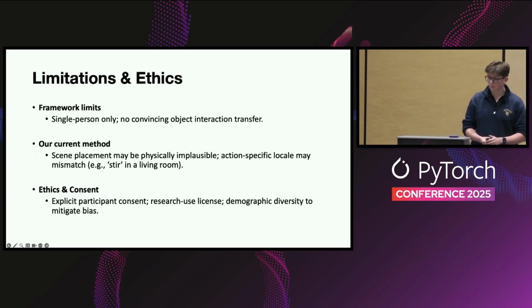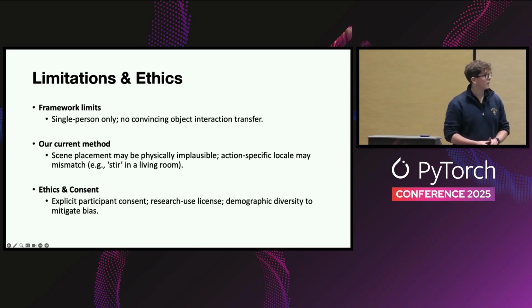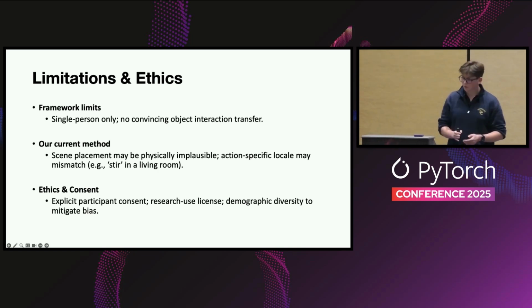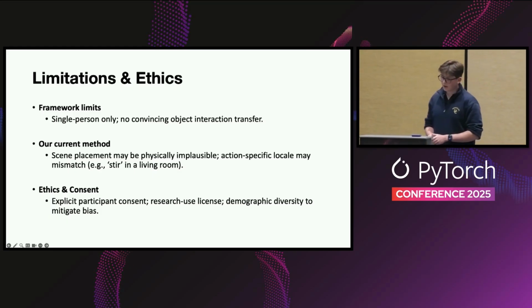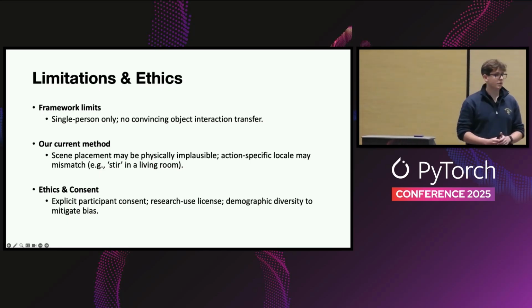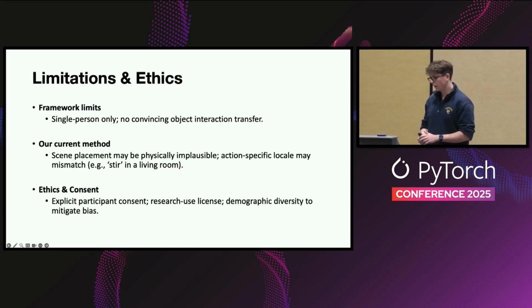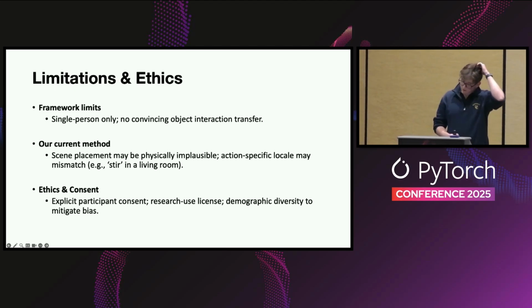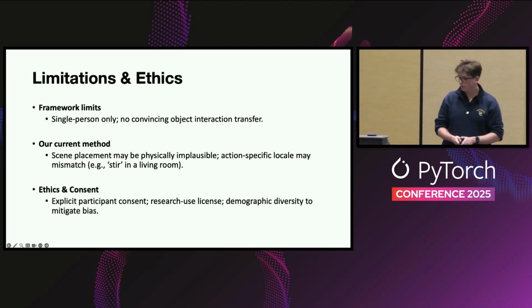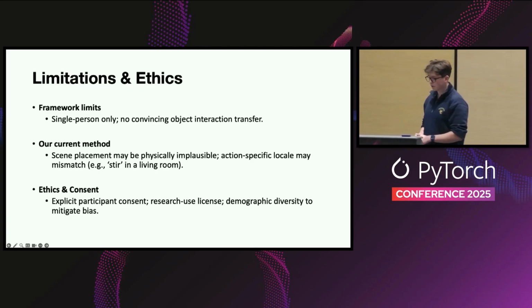So here are some limitations and ethics considerations for this project. The framework has a few limits, which is that it can do only a single person in the video, and there is no interaction with objects to this date. And our current method sometimes can be scene displaced because the models are not big enough, but we can clear those videos.